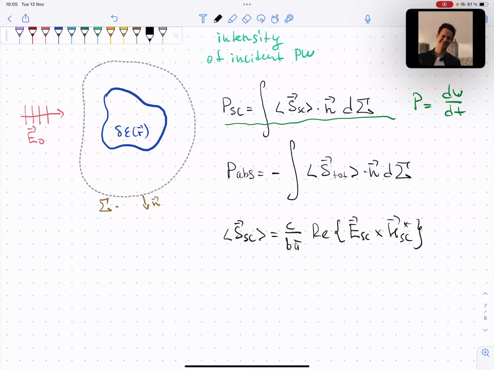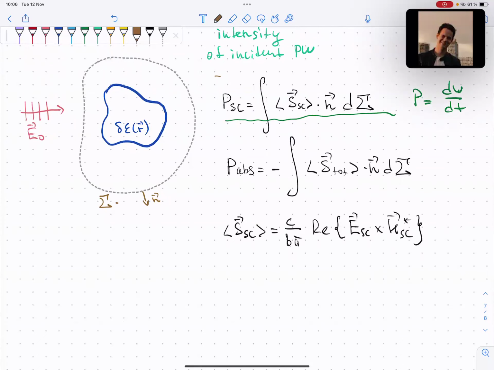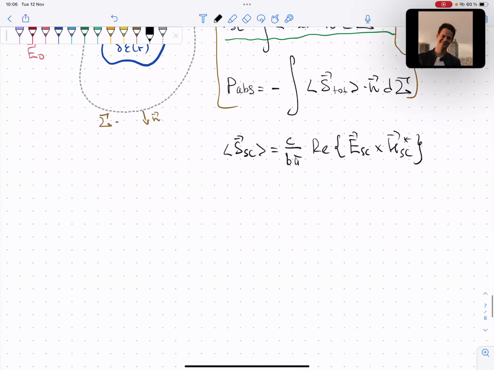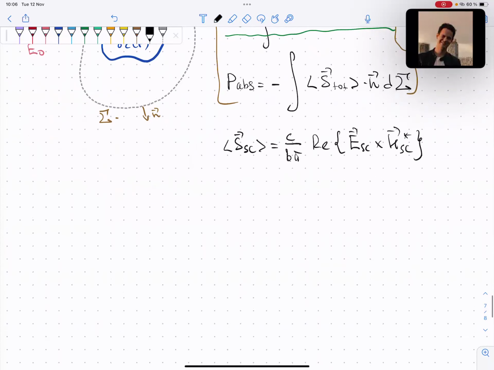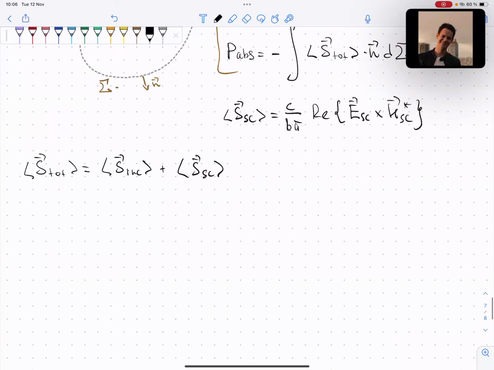Okay, but if we look closely at these equations, we will see one interesting thing: we can write the Poynting vector of the total field as the sum of the incident Poynting vector plus the Poynting vector of the scattered field plus another term, let me call it S prime.